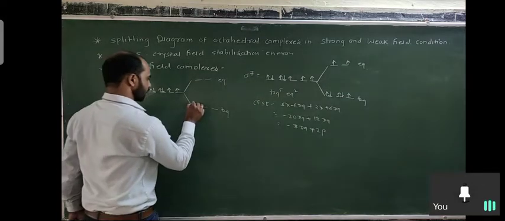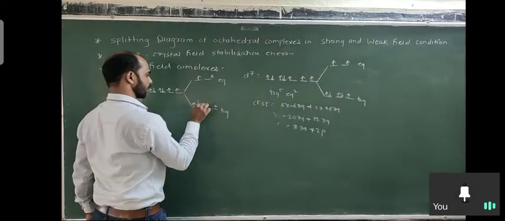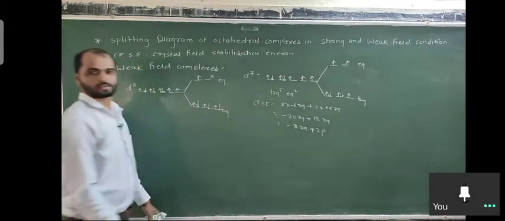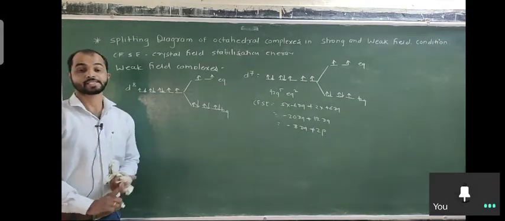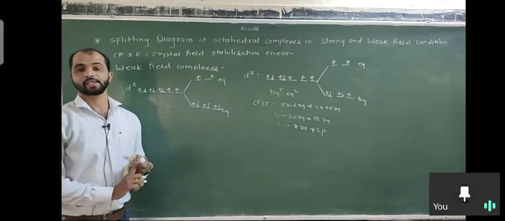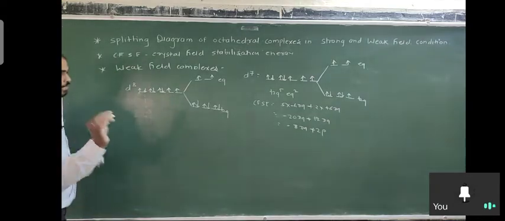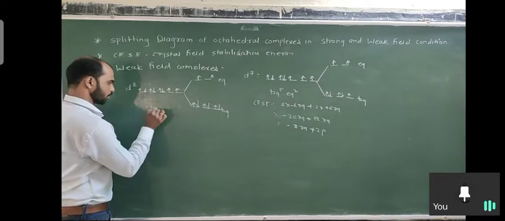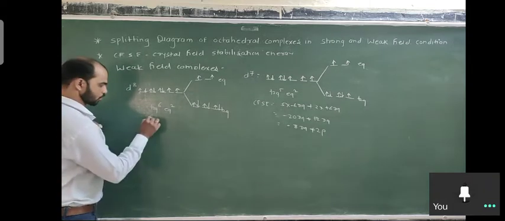So first, second, third, fourth, fifth, sixth, 7, 8. So D8 has the same electronic distribution and same CFSE in both strong as well as weak field complexes. So T2G has 6, EG has 2.